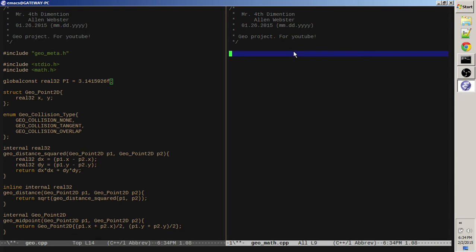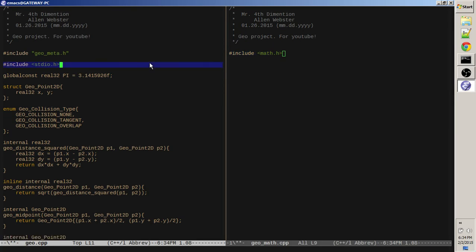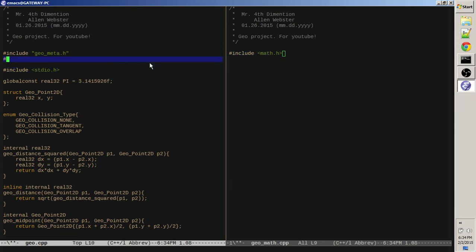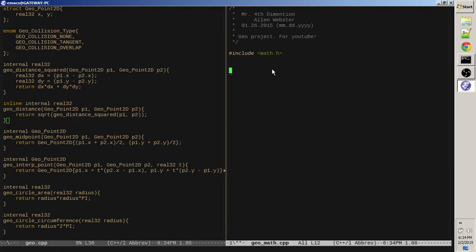So that's going to look like this. It's going to include the math for now, right? And this is where I include geomath.h, and then let's see, we're going to have an inline square root for now. This is the first one we need, and that'll return a real 32.